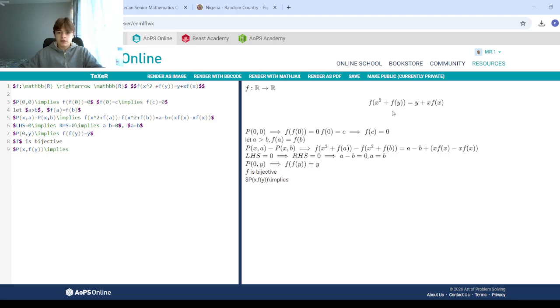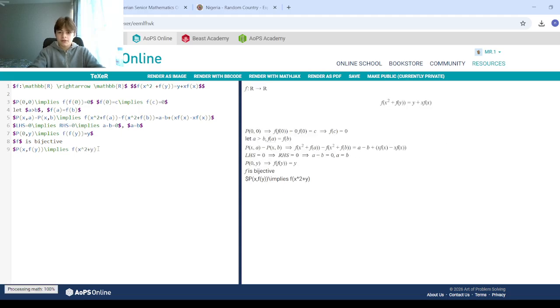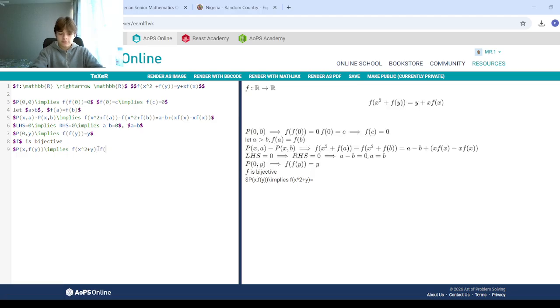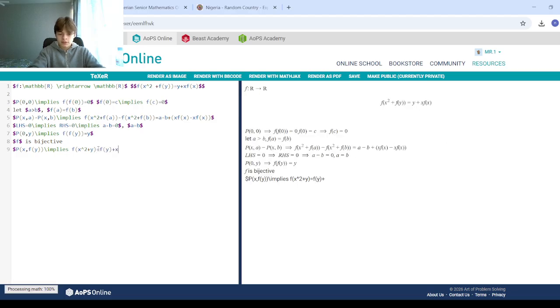If we replace y with y squared, we get symmetry on this side, and if we replace x with y and y with x, we should get something good on the right hand side. So this is f(x squared plus y) is equal to f(y) plus x f(x).